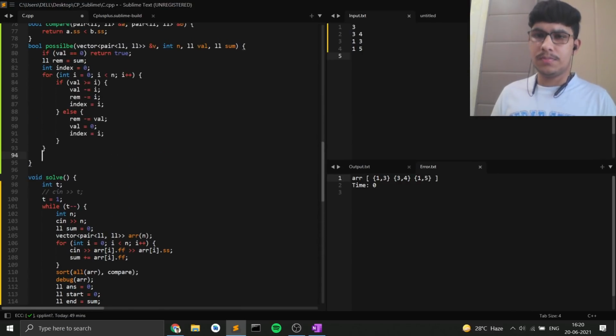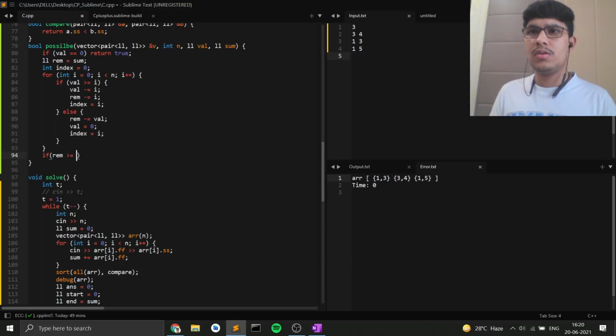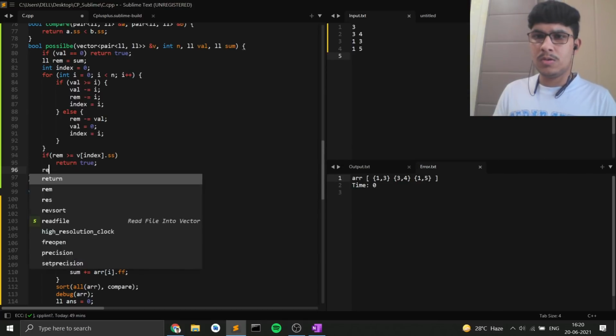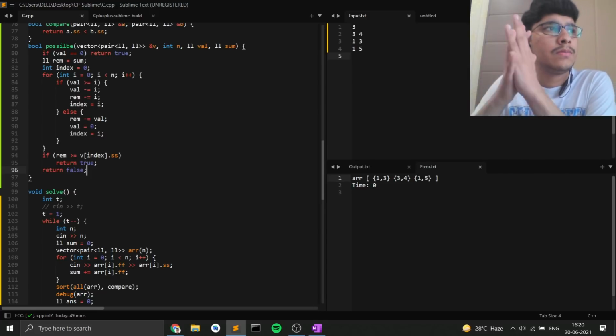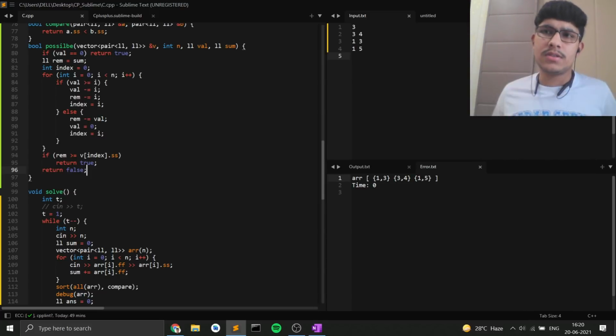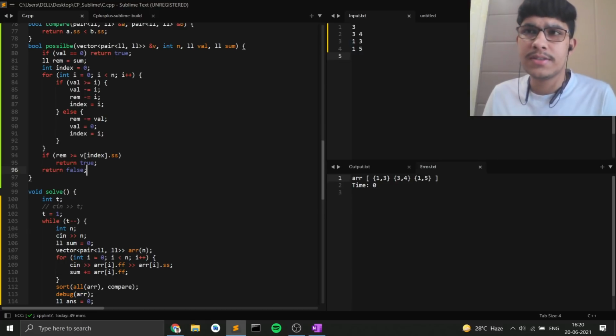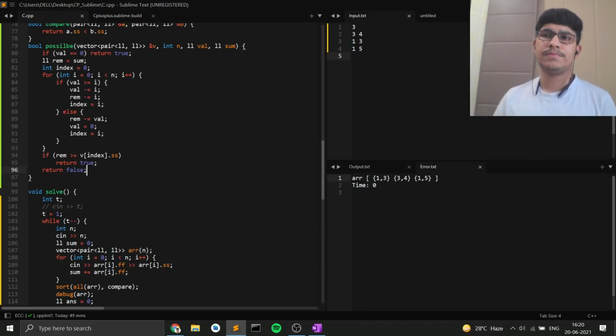So here, if rem is greater than equal to what, v at index dot ss. So here you are selecting the first ball. So like val minus equals to I, rem minus equals to I, that is fine. Index equals to I.